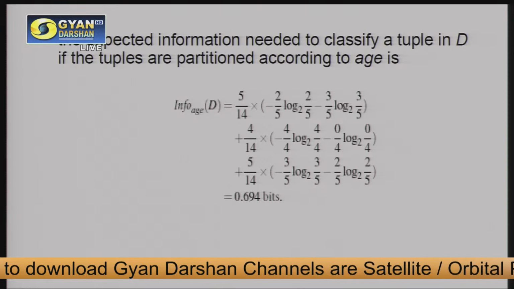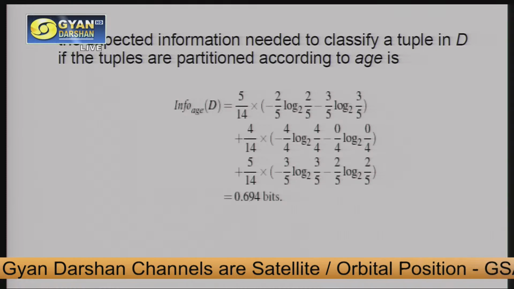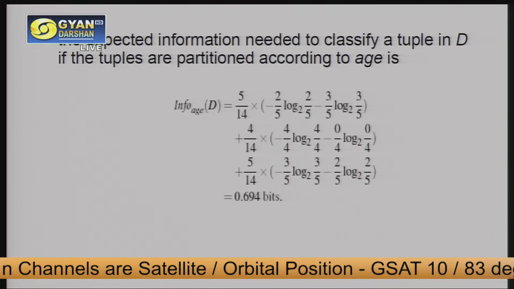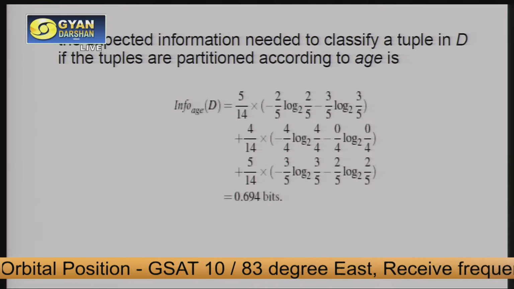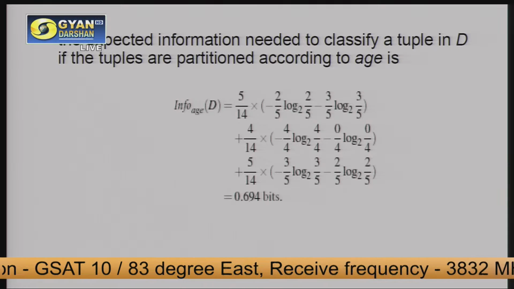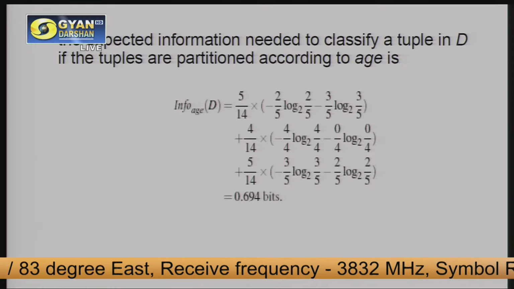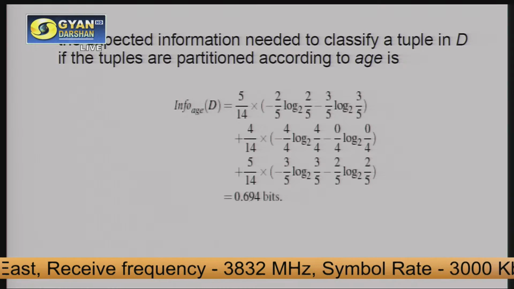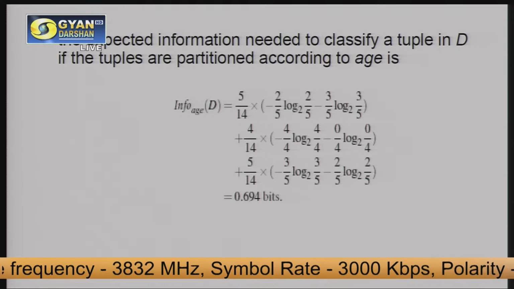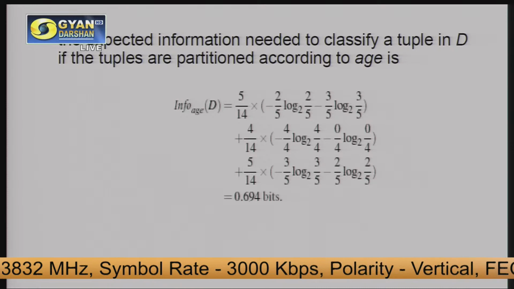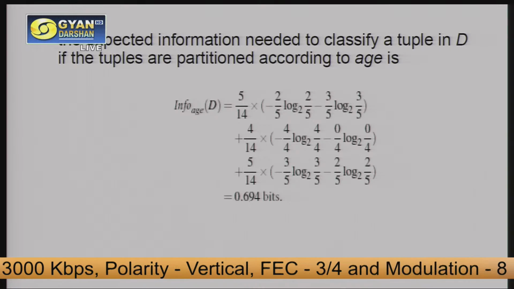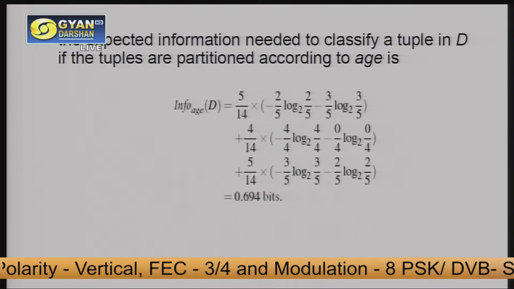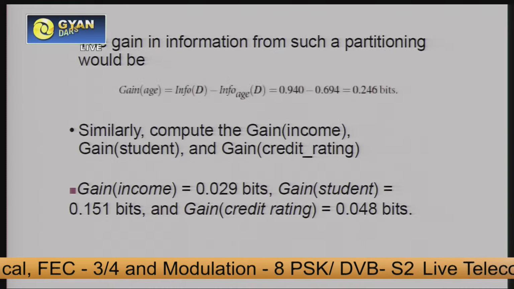Similarly we calculate for the seniors: out of 5 we have 3 tuples which belong to the yes category and 2 tuples which belong to the no category. Once you calculate these values, what we get is 0.694 bits. So this is what we finally get here.